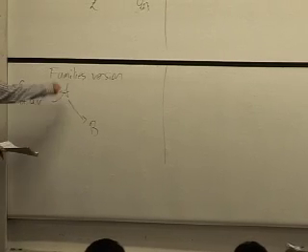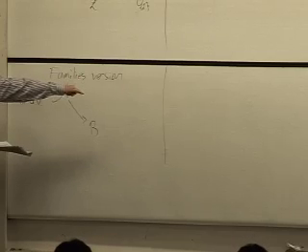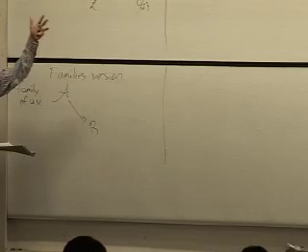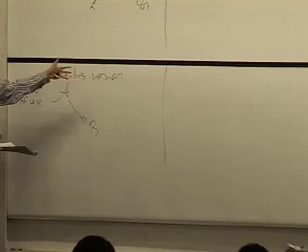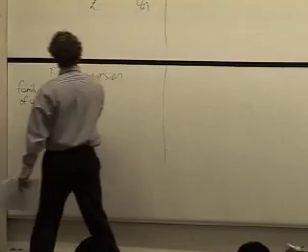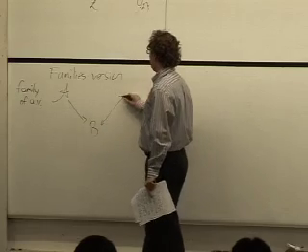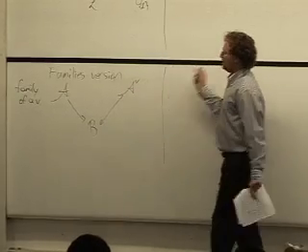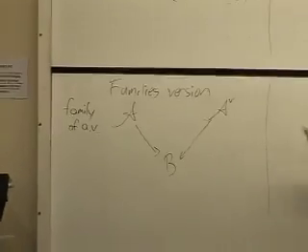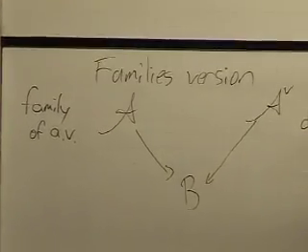What can I do? I can look at the fiber-wise dual. Each fiber is an abelian variety, so I can look at characters on each fiber. Or, if you think of this as a family of complex tori, I could just take the family of dual tori. So this is the collection of dual abelian varieties, the dual family.